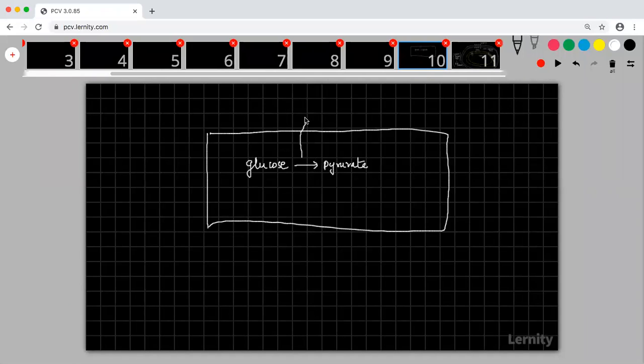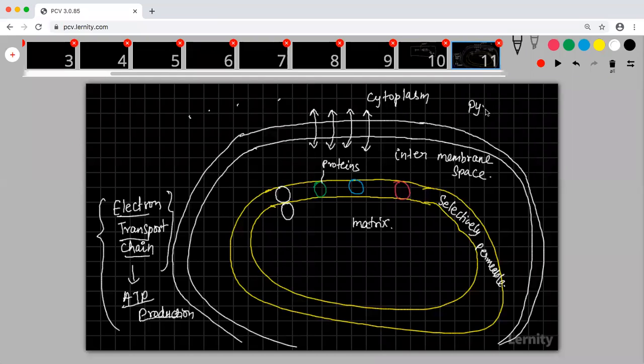This is happening because of a process called glycolysis. After glycolysis, this pyruvate is taken inside the mitochondria. So where will this happen? This pyruvate will come from here, move here, and then again move from here to here.